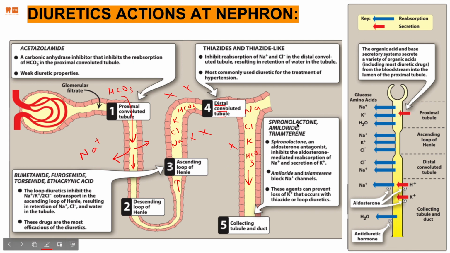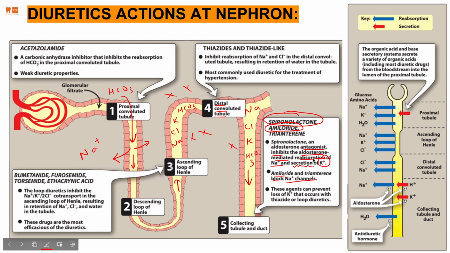But now we have spironolactone and amiloride. What are these drugs? Spironolactone is an aldosterone antagonist that inhibits aldosterone-mediated reabsorption of sodium and secretion of potassium. What does that mean? It inhibits the secretion of potassium. Amiloride blocks sodium channels. Wow. Look at how our body works this.